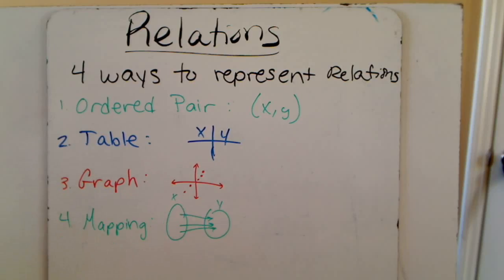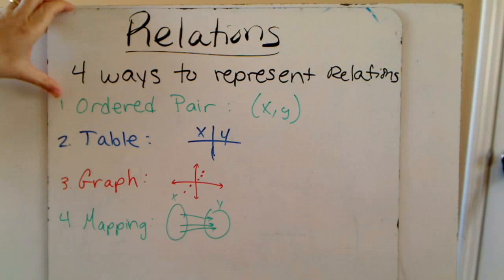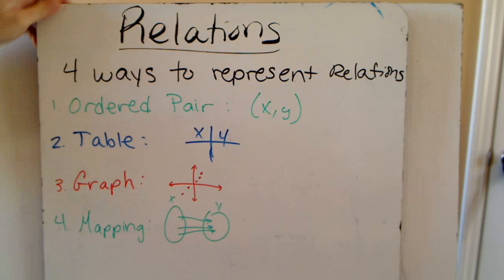So, if you're looking at the notes, the very first example says to express a relation, and then it gives you 5 ordered pairs. And then it says to represent them as a table, graph, and then mapping. So it already gives us the ordered pairs, and then we're going to do the last 3 that are listed on here with those ordered pairs. So I'm just going to rewrite the ordered pairs up here on the board.